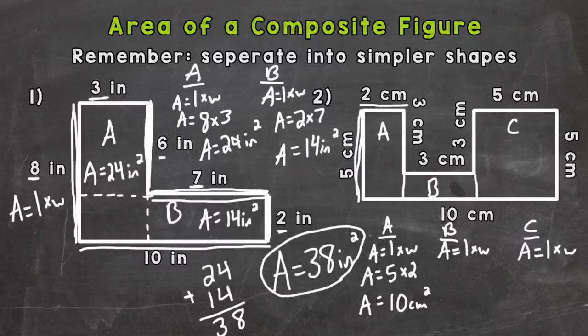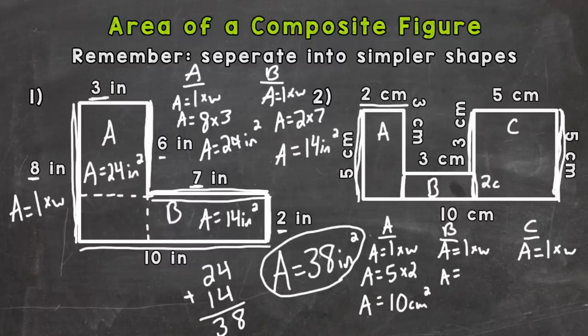Now let's do B. For B, we have a length of right here, and we don't have a measure there, so we're going to need to figure it out. We know the whole shape is 5 centimeters, right? So if we have this 3, what's this going to have to be in order to get us to that 5 centimeters?